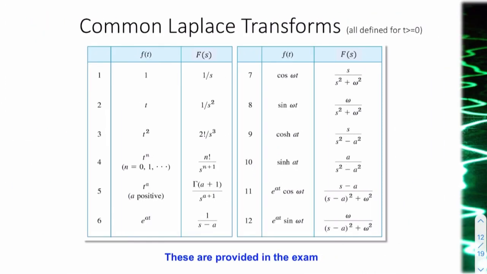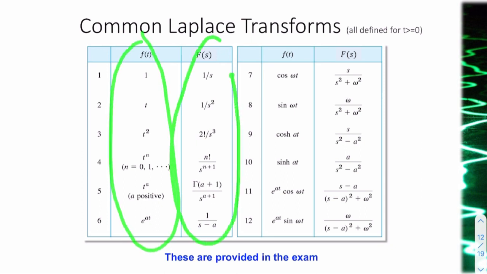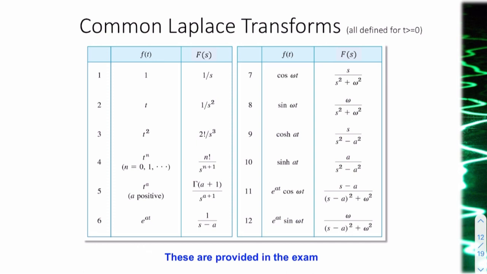So this is what a table of Laplace transforms might look like. You'd have two columns. You'll have your time domain signal and your transformed signal. Just to fit it on the slide, I've put these two sections together. So you'd look up your signal in the time domain and find the corresponding S domain representation, or the opposite.